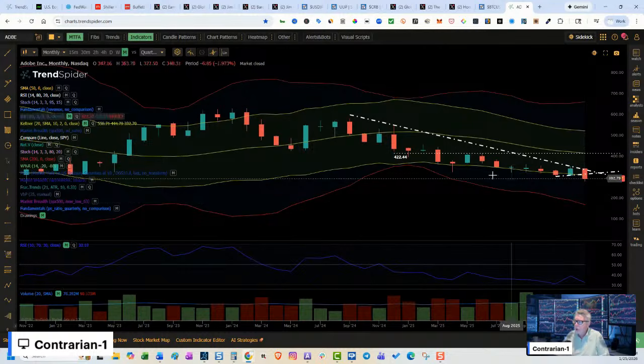So I would avoid this right now, and if you get a retest next month, if we do in fact fail to hold this line here in white at 324 per share, you're going to get shorts leaning into the short side at that level, because that's what I would be doing.